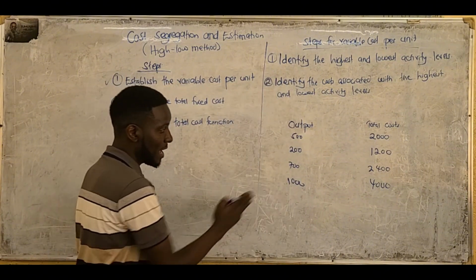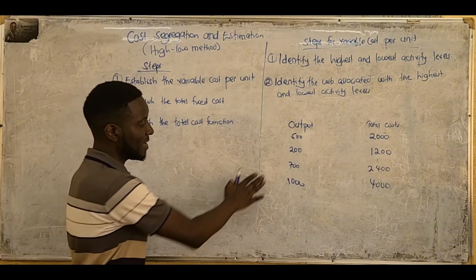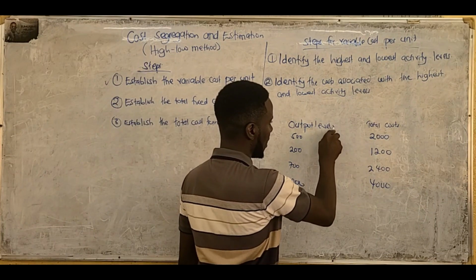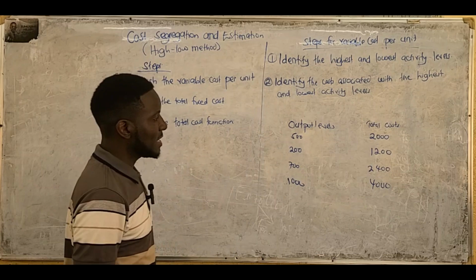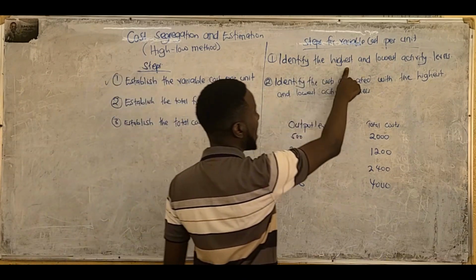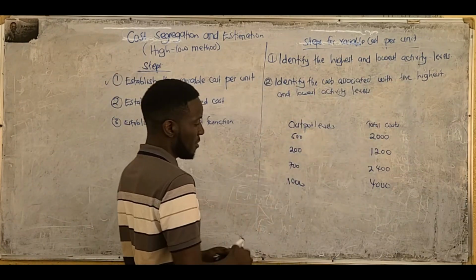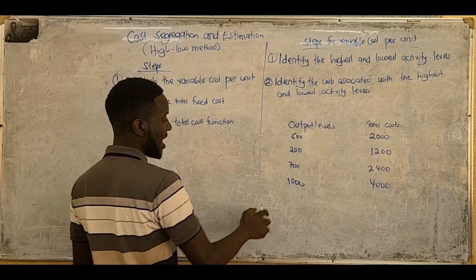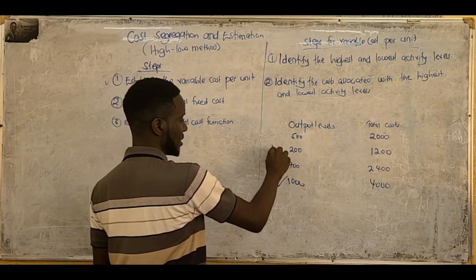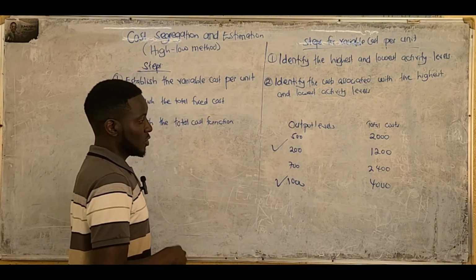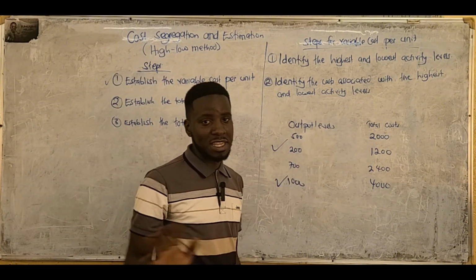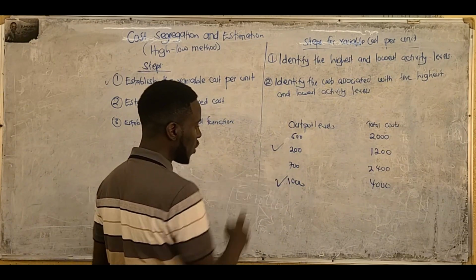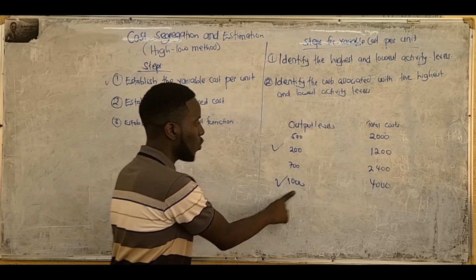Maybe I'm just giving an example that they've given us the output levels. From what we have said here, they've said identify the highest and lowest activity levels. From here you can see that our highest is this, and our lowest is this. So the rest we don't need. We only need the highest and the lowest. The lowest is 200 and the highest is 1000.